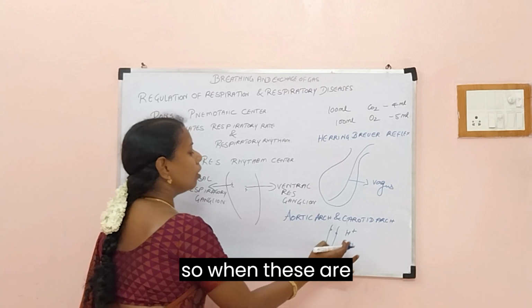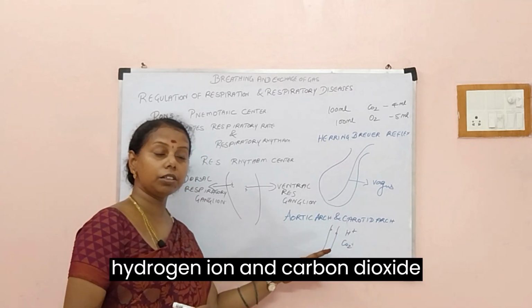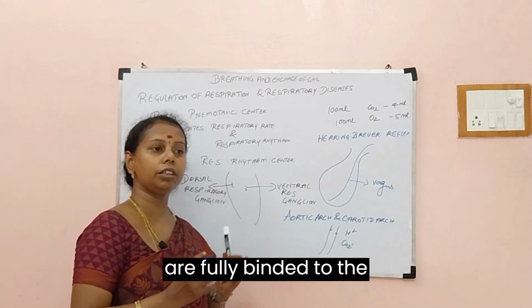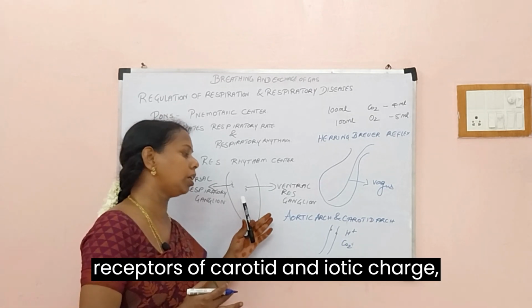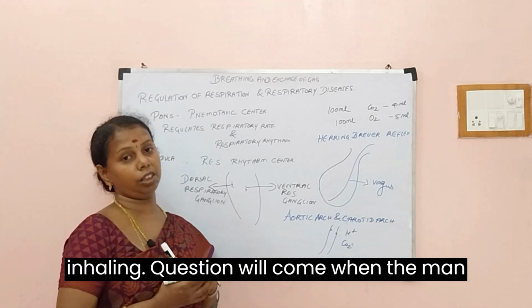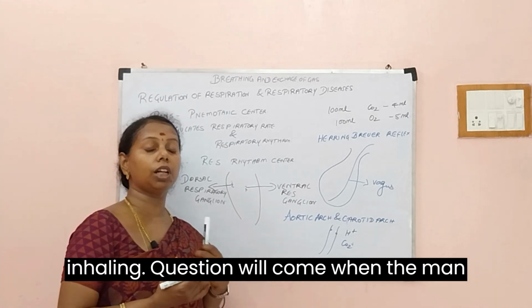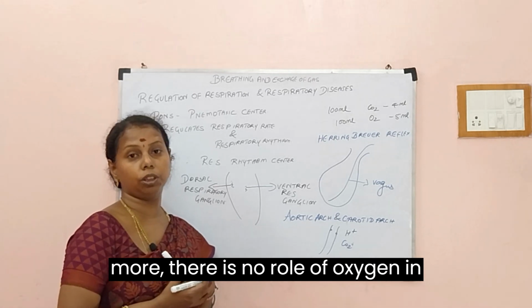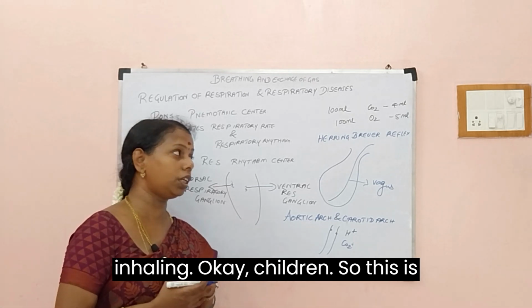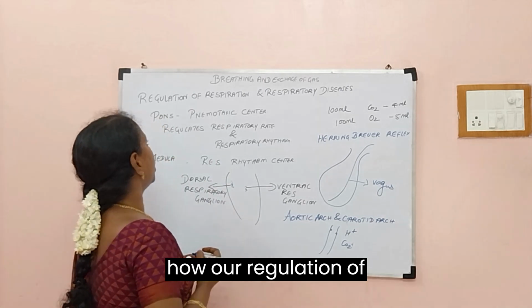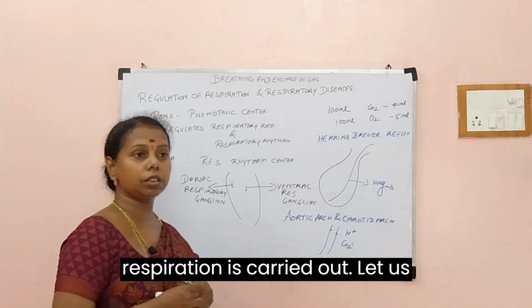When these hydrogen ions and carbon dioxide are fully bound to the receptors of the carotid and aortic arch, the man will have the urge of inhaling. The question will come, when will the man have the urge of inhaling? Of course, when the carbon dioxide level is more; there is no role of oxygen in inhaling. Okay, children, so this is how our regulation of respiration is carried out.